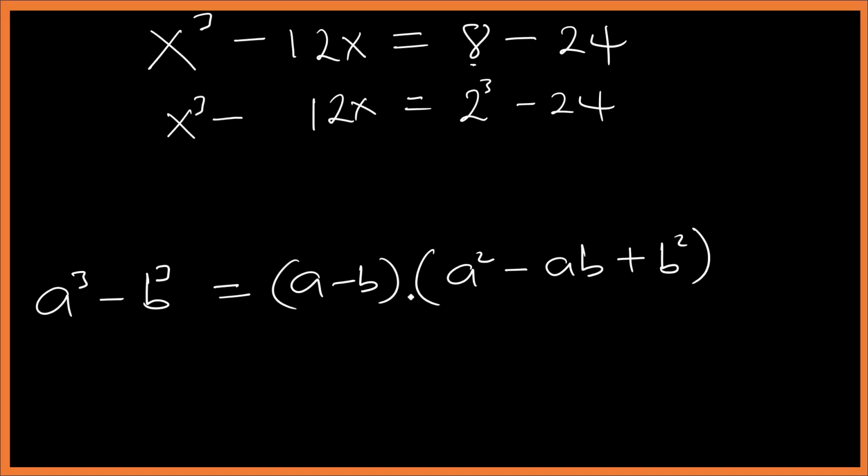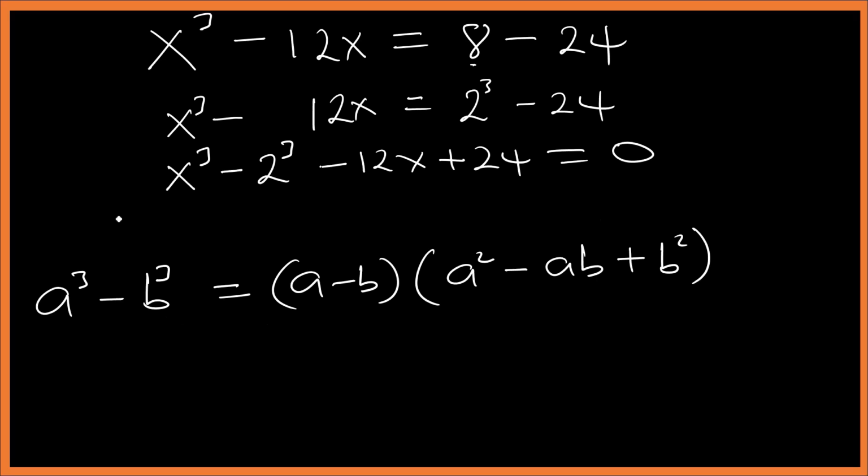That's that. So when we're given something like this, we can arrange it as x cubed minus 2 cubed, okay, so minus 12x plus 24 equal to 0.